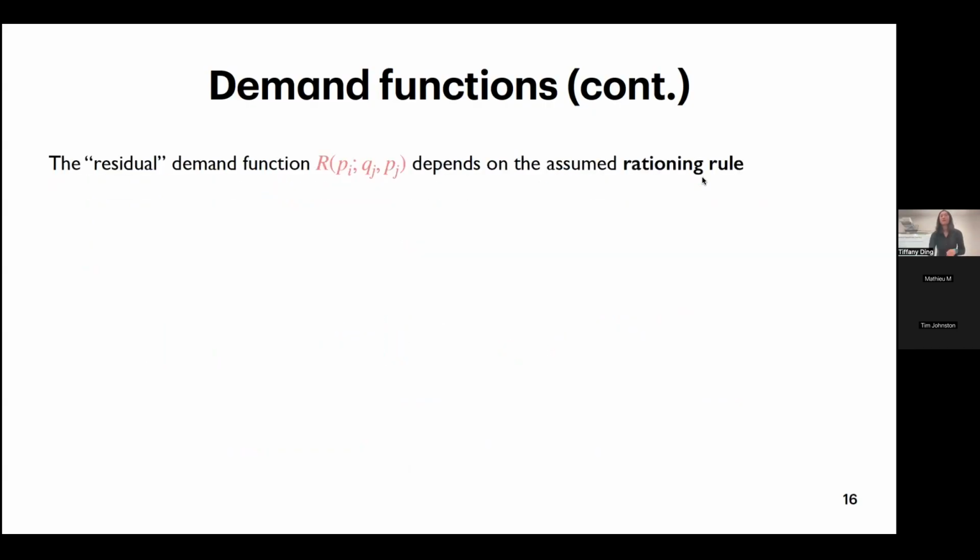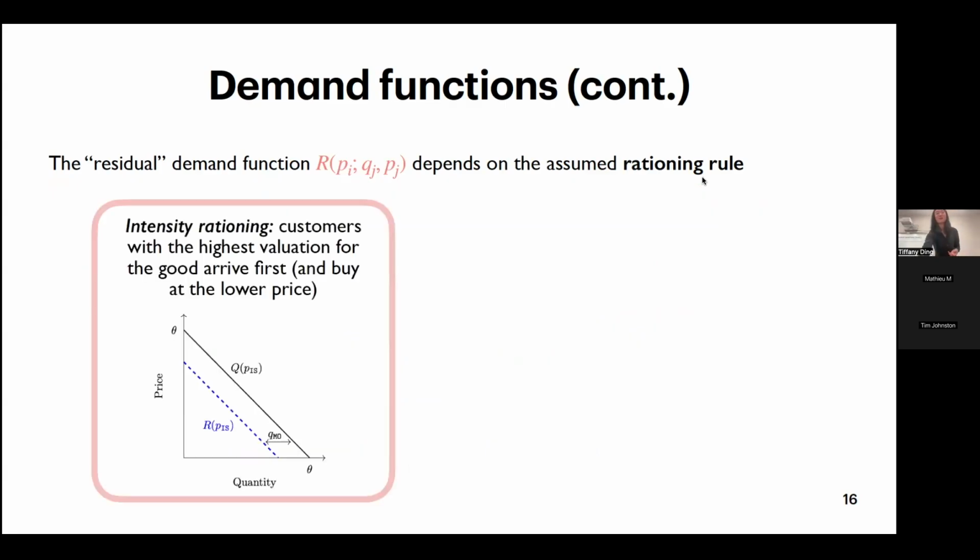And then for the residual demand function, things get a little bit more tricky. So the residual demand function is telling you for the higher priced seller I, when the other player set the lower price PJ and had quantity QJ, how much demand is left over for you. So this depends on what customers come first and buy at the lower price.